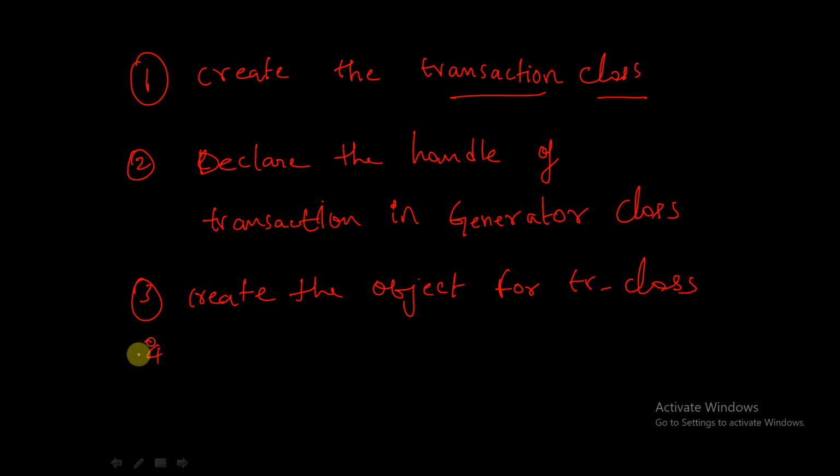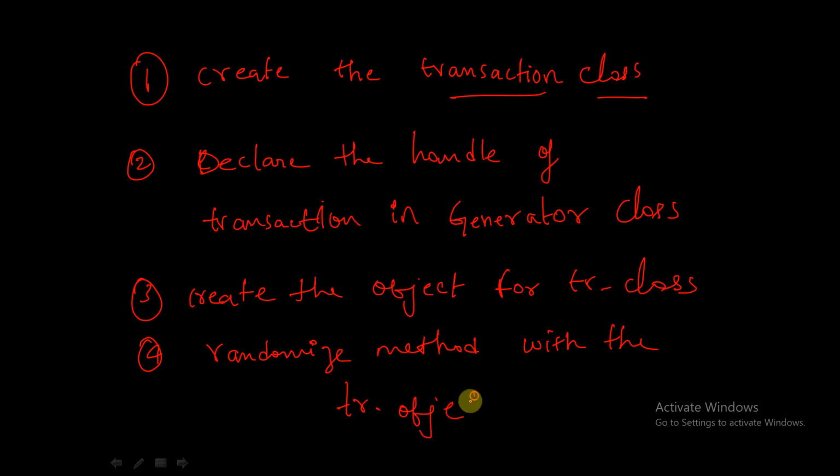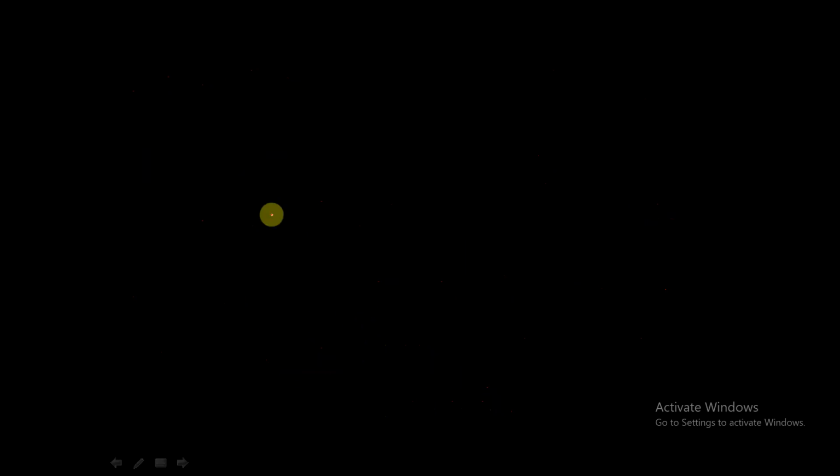Then we are going to call the randomize method with the created transaction object. After creating the object and calling the randomize method, the properties will be randomized.